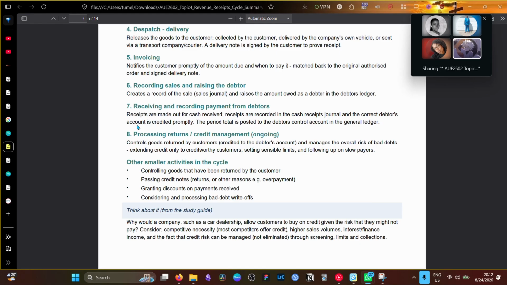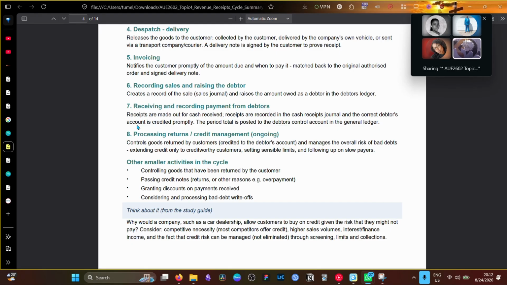Because we want to raise the amount that they owe. Yes, because it's an asset to us. Yes, that is great. That is exactly what happens in 6.